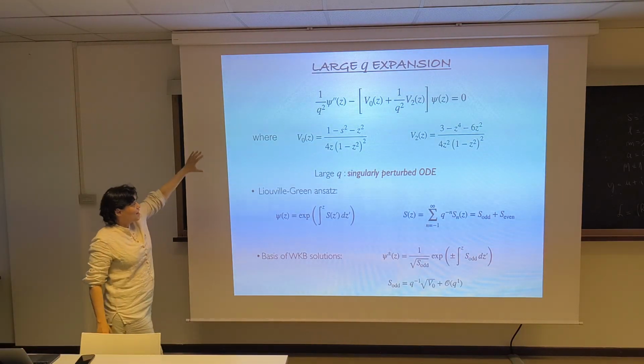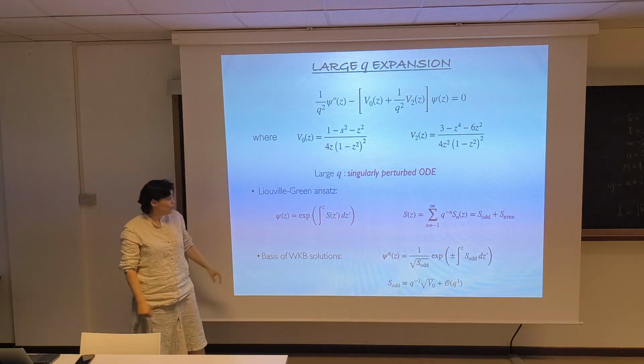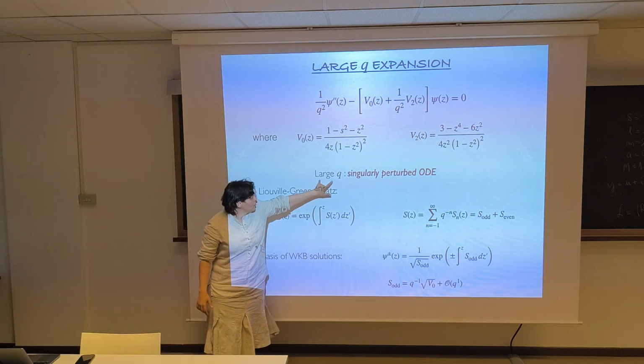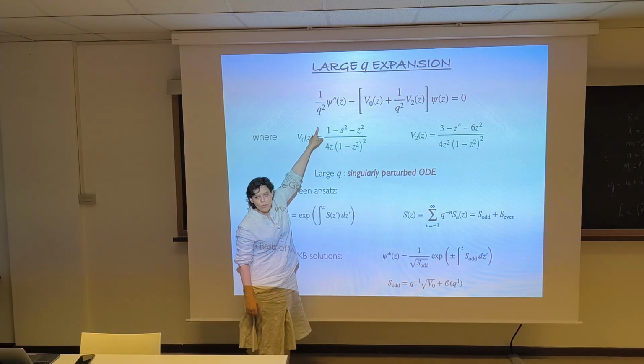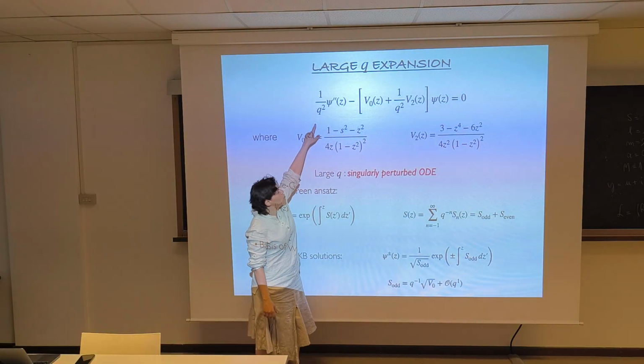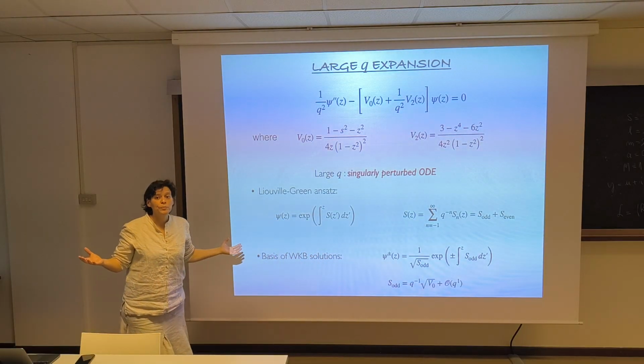So again, that's the same equation which I've written before. Now I'm going to want large Q. For large Q, as I mentioned, I divide by Q, and you can see that 1 over Q squared is basically the h bar, and this is a singularly perturbed problem.